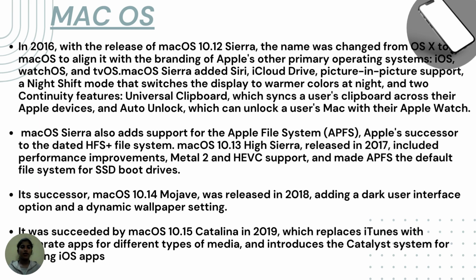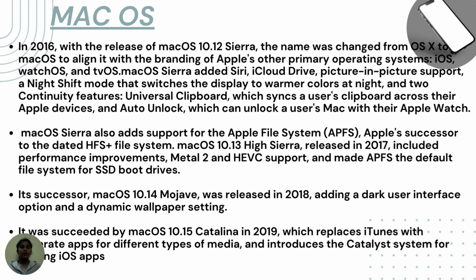Mac OS Sierra added Siri, iCloud Drive, picture-in-picture support, a Night Shift mode that shifts the display to warmer colors at night, and two continuity features: Universal Clipboard, which syncs a user's clipboard across their Apple devices, and Auto Unlock, which can unlock a user's Mac with their Apple Watch. Mac OS Sierra also adds support for the Apple File System, Apple's successor to the HFS Plus file system.